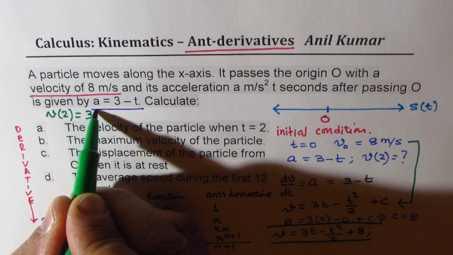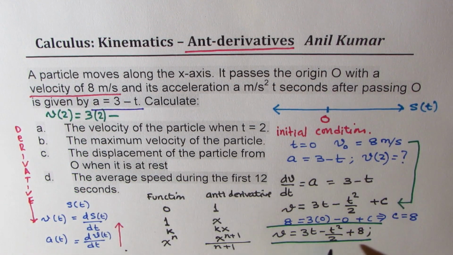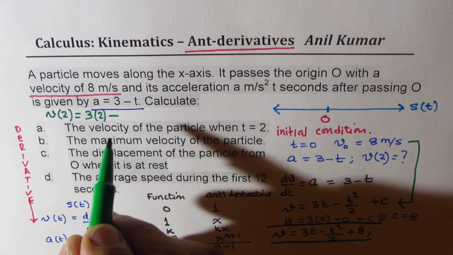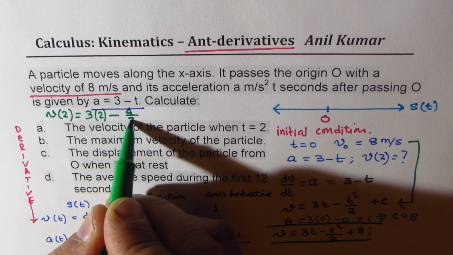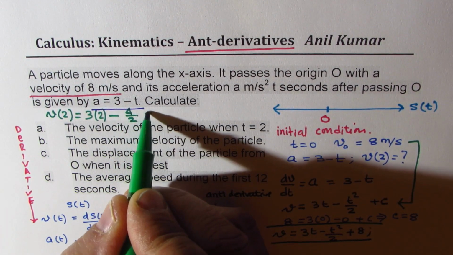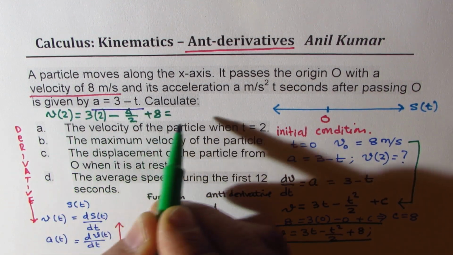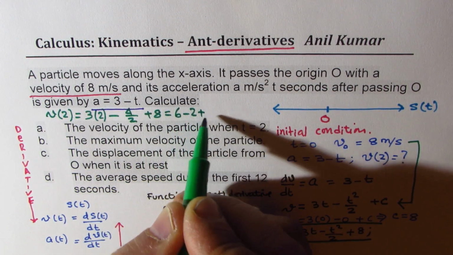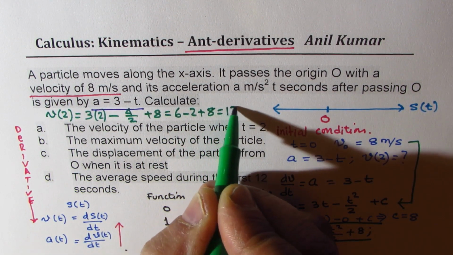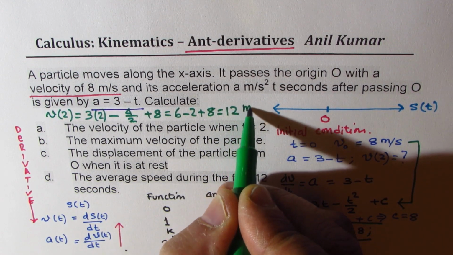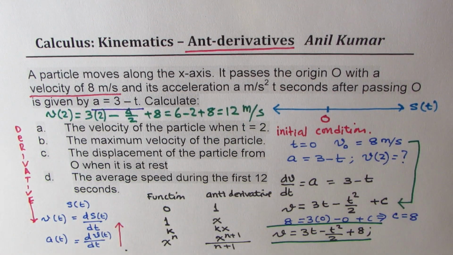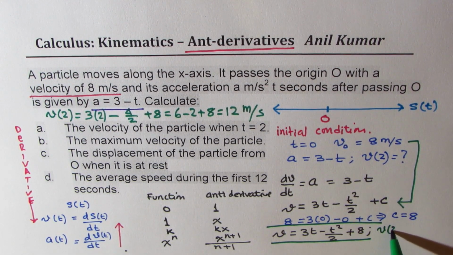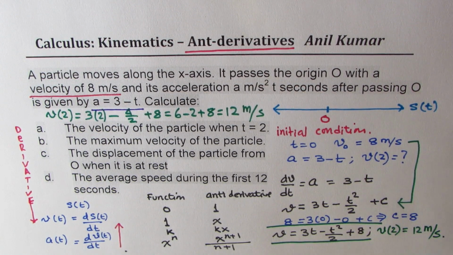So we get 3 times 2 minus 2 squared over 2, which is 4 over 2, plus 8. That gives you 6 minus 2 plus 8, which is 12, and the units are meters per second. Is it okay? So we get the answer for the first part: velocity at 2 is equal to 12 meters per second. Perfect. I hope this part is absolutely clear.